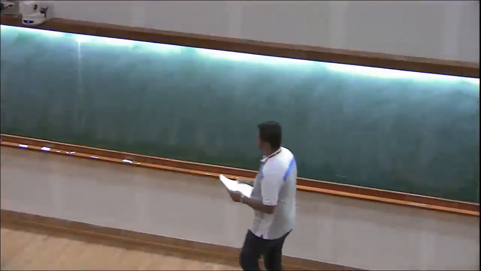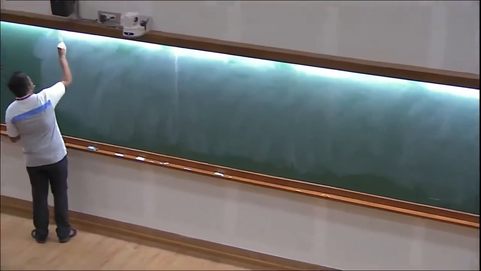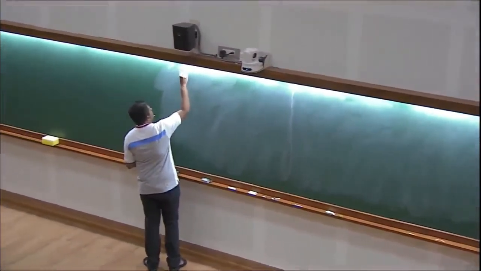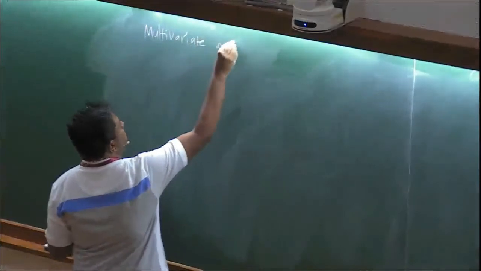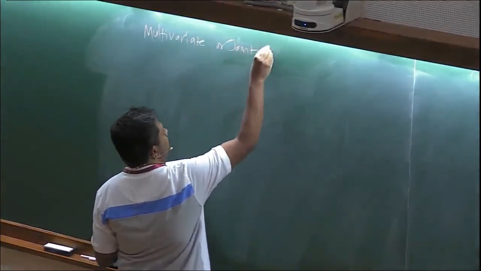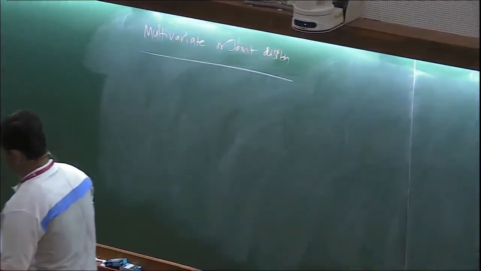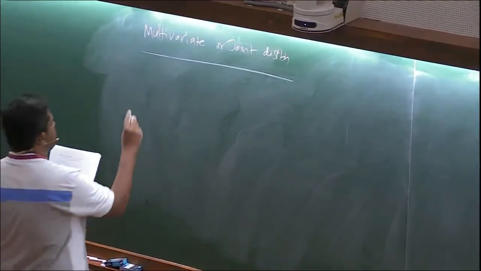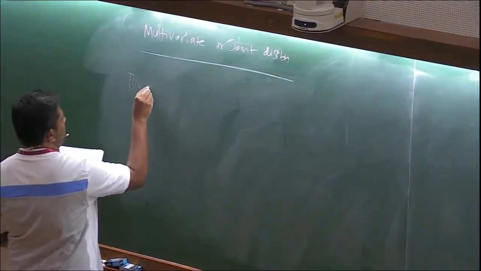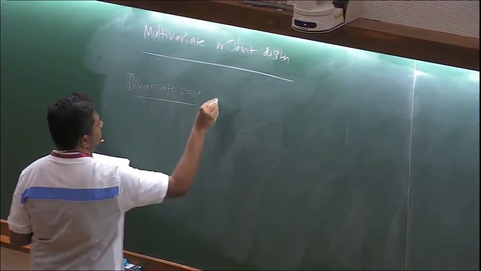So a multivariate distribution or a joint distribution is looking at the probability distribution of several variables, more than one. You can look at the simplest case, which is the bivariate, just two random variables, x and y, let's say.